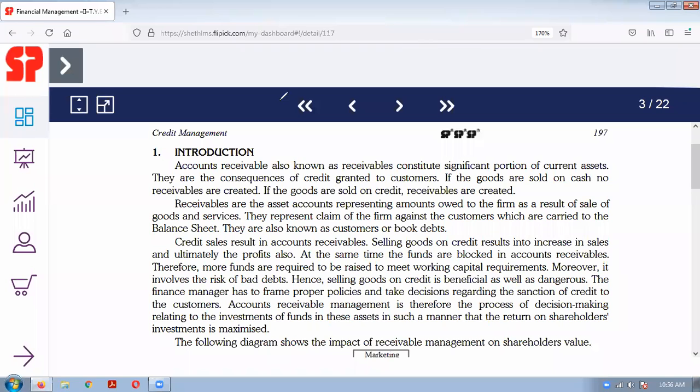See, accounts receivable, that we popularly call debtors, bills receivable, debtors, they are called accounts receivable. Receivable means the amount which a business has to receive, also known as receivables, and they constitute a significant portion of current assets.